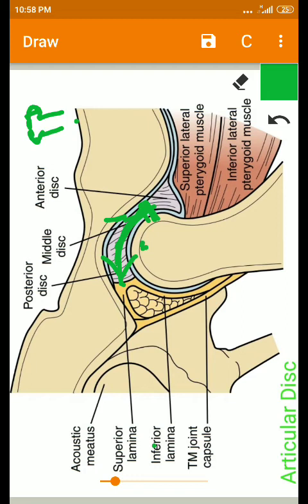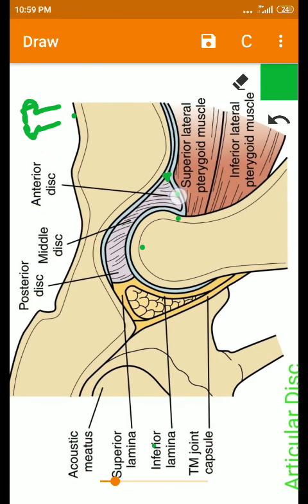Now the disc is attached to the joint capsule anteriorly. Medially and laterally it is not attached to the capsule, but anteriorly the disc is attached to the joint capsule, and also to the tendon of the superior lateral pterygoid muscle.